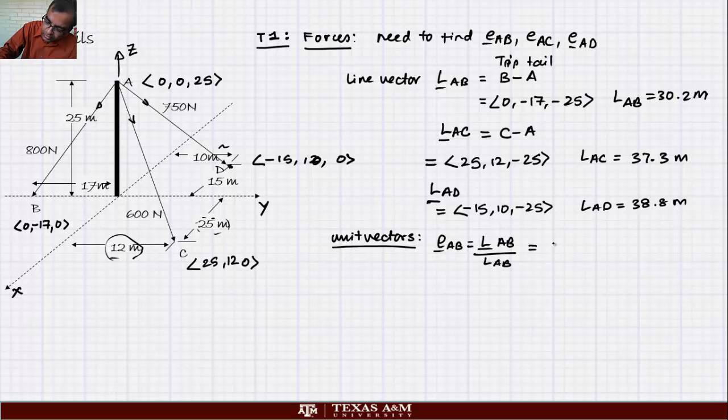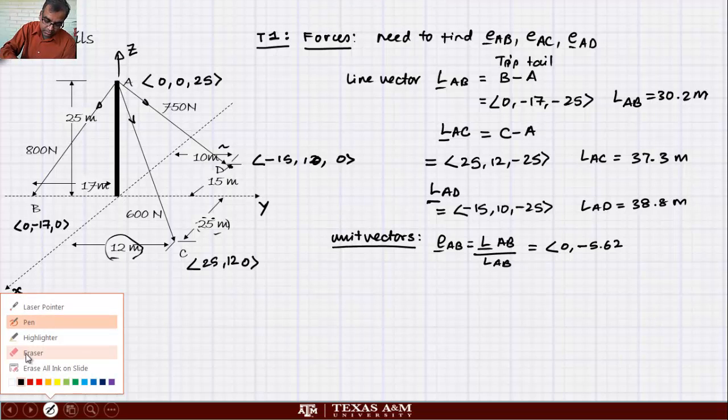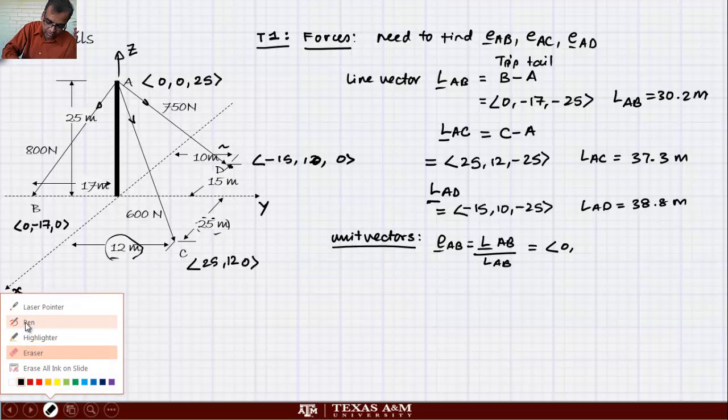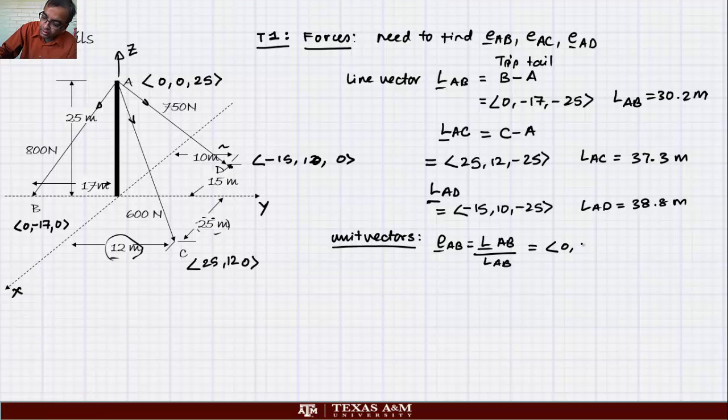If you do this, you will get 0, minus 5.62. Oh, excuse me. Well, here's a good check. How do I know it's wrong? You know that there cannot be more than 1, because the magnitude of all of this has to add up to 1. So it's 0, minus 0.562, minus 0.827.